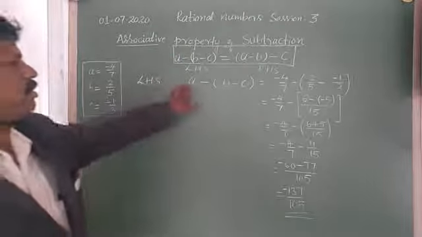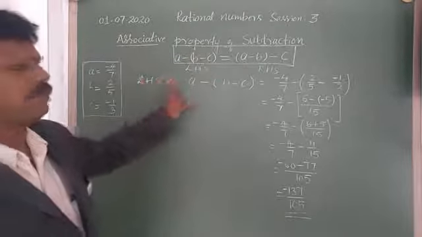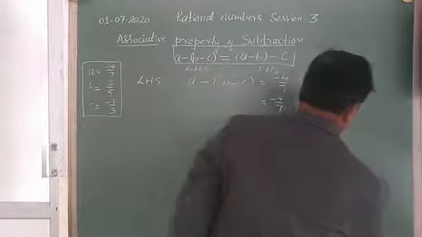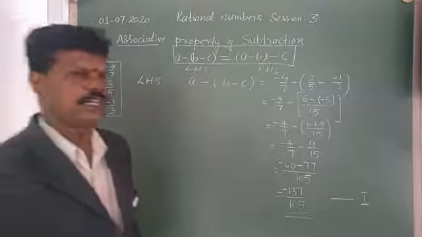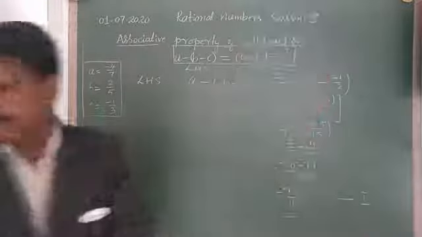That means when you subtract by grouping the given rational numbers in different ways, here is the first answer. So let us take this as solution number 1. So the solution is minus 137 by 105.